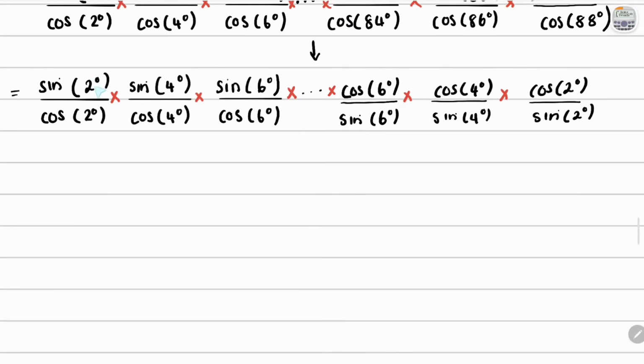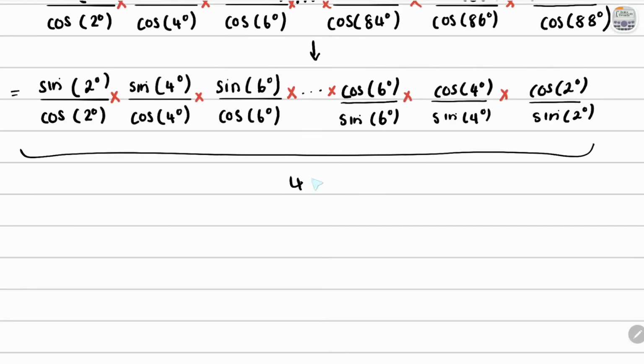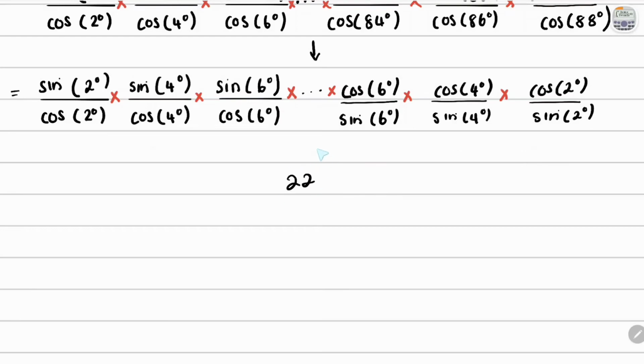Since it starts at 2 degrees, and you know that there are exactly 44 terms, it will stop at exactly the middle. If there are 44 terms, then at the 22nd term it stops increasing and then starts decreasing.